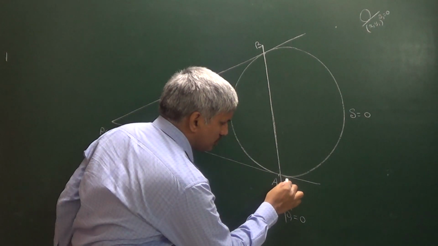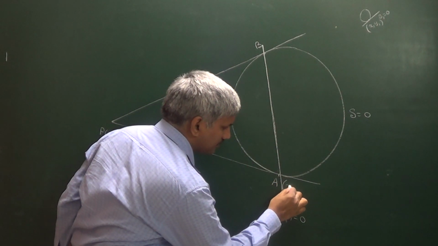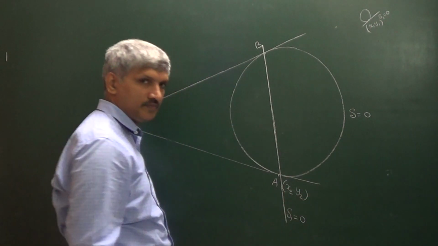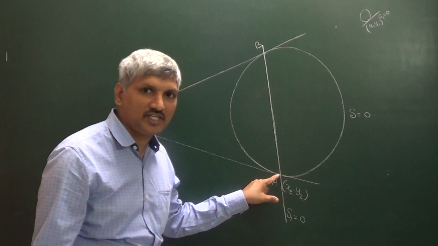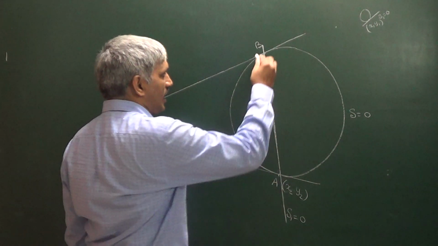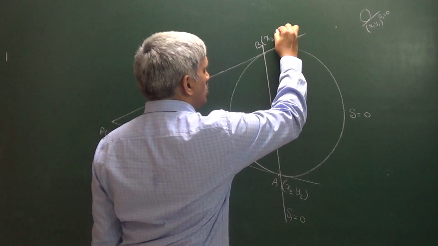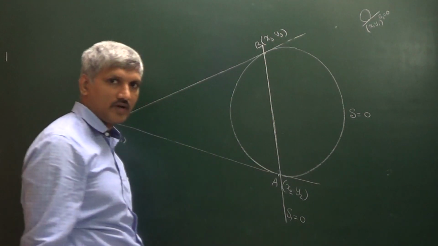Okay, I am assuming this point of contact is (x2, y2), and this point of contact I am taking as (x3, y3).